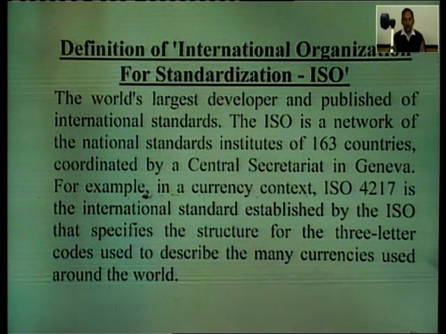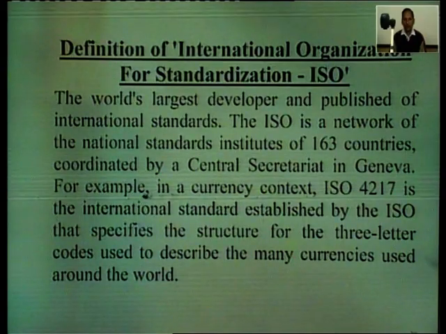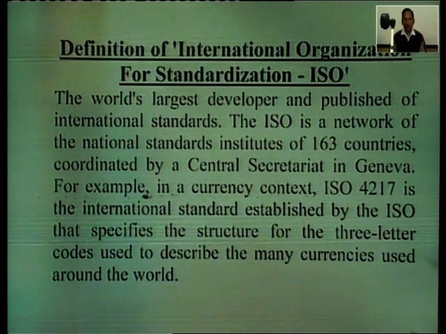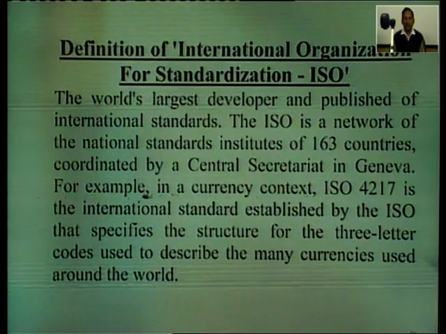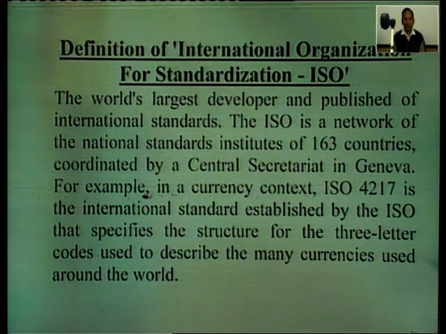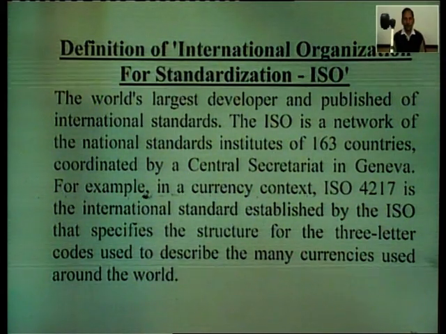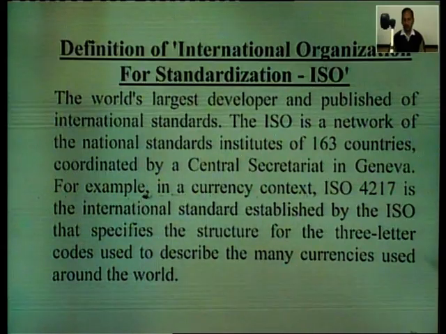For example, in a currency context, ISO 4217 is the international standard established by the ISO that specifies the structure for the three-letter codes used to describe the many currencies used around the world.